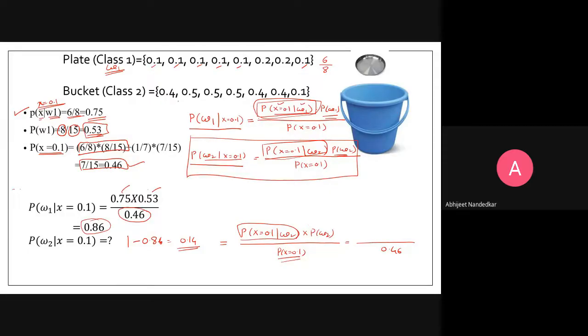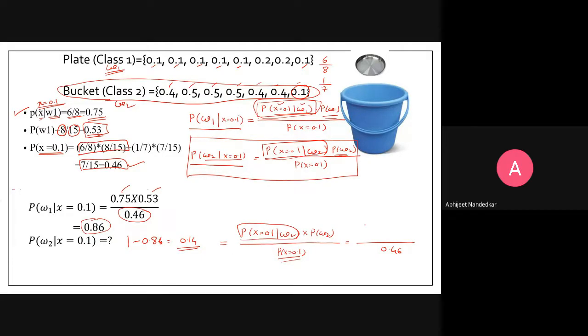Within omega 2, this domain is omega 2. How many times is 0.1 appearing? You just see here only one entry is there, and there are other entries of other diameters. How many entries? 1, 2, 3, 4, 5, 6, 7 entries. Out of that, only one entry is of 0.1. So 1 by 7 is the chance of obtaining measurement 0.1 in bucket.